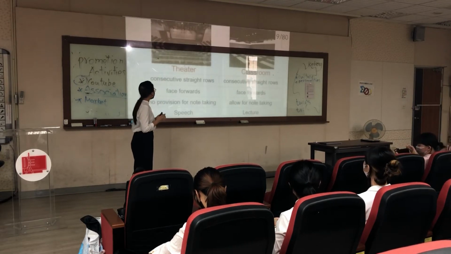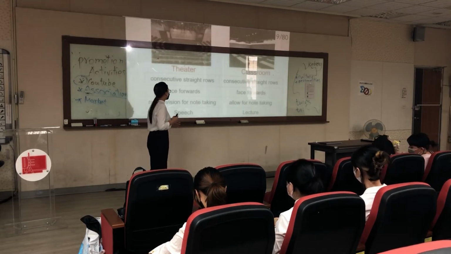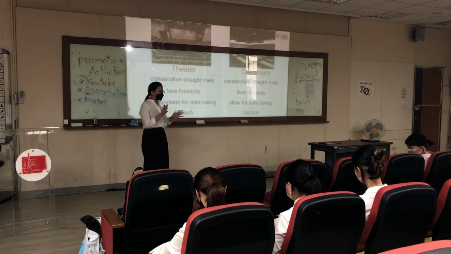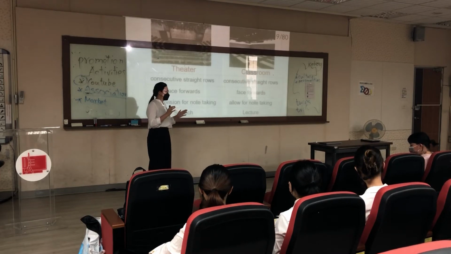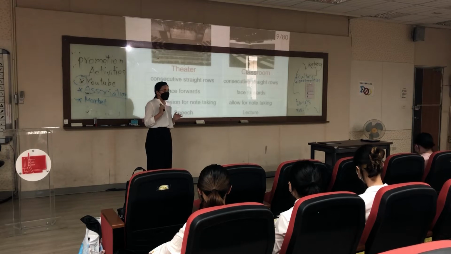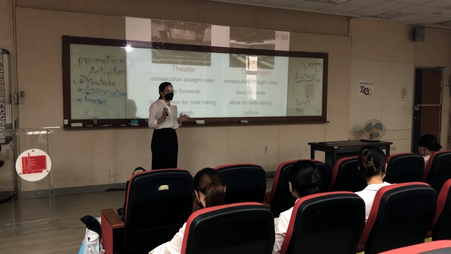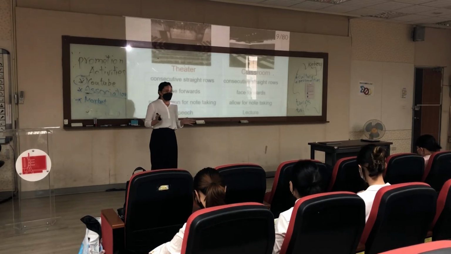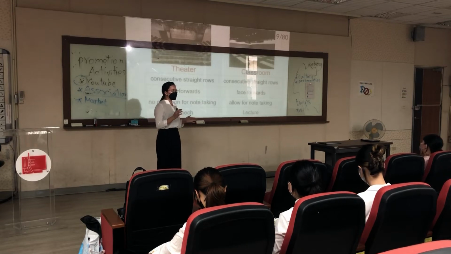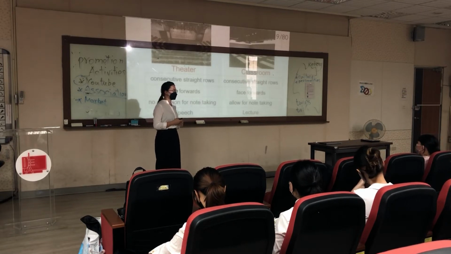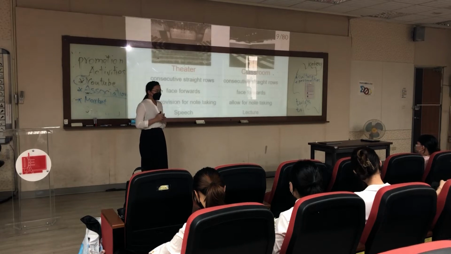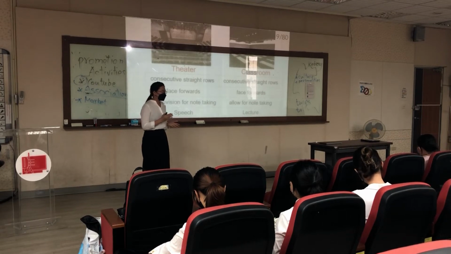First is theater and classroom. Theater is just like this room. The seating arrangement is aligned in consecutive straight rows, and the audience is facing forward, but it doesn't always provide a table for note-taking.